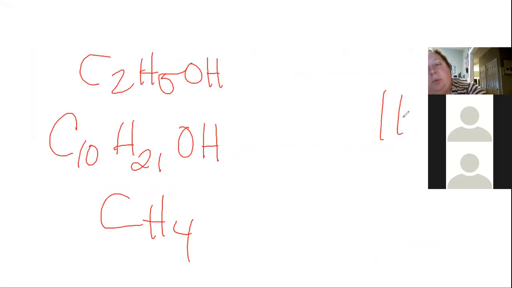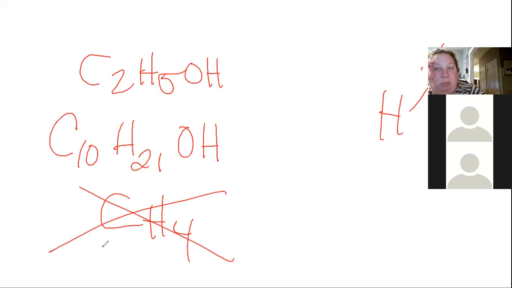Water is polar and it can hydrogen bond, which means it is going to dissolve other things very well that are also polar or can make hydrogen bonds. Anything on our list that is non-polar, like CH4, is not going to dissolve the best in water.